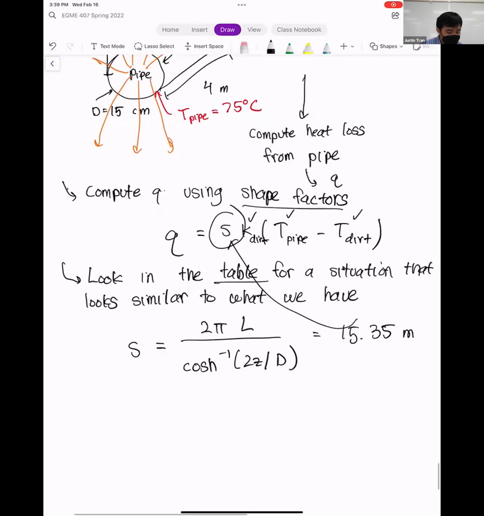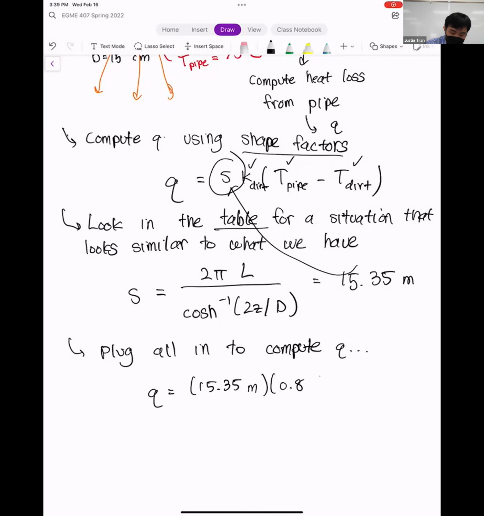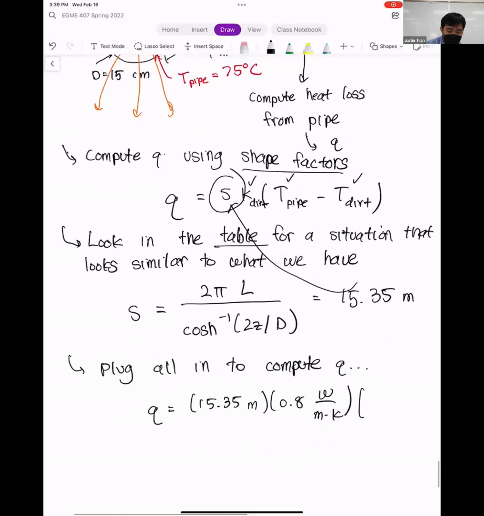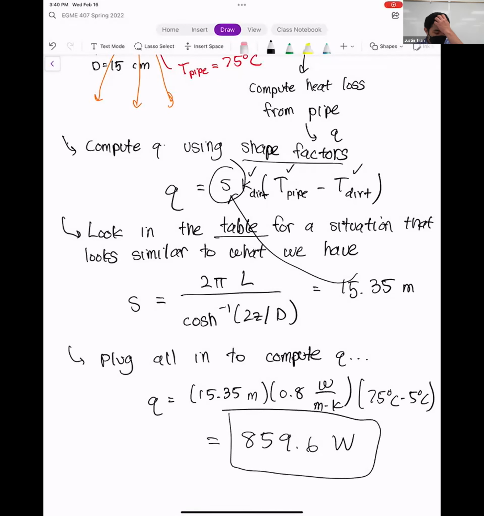And so we have everything that we need to compute Q. Q is equal to 15.35 meters times 0.8 watts per meter Kelvin times the temperature difference, which is 75 degrees C minus 5 degrees C. You plug all that in, you get a heat loss of 859.6 watts.